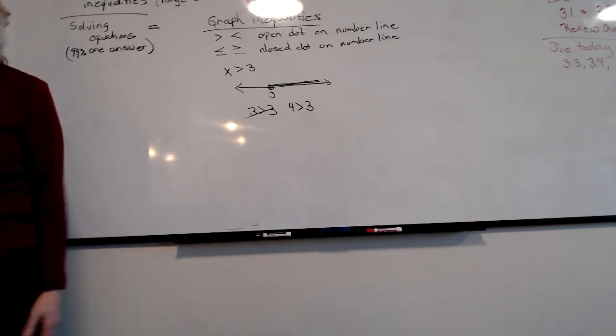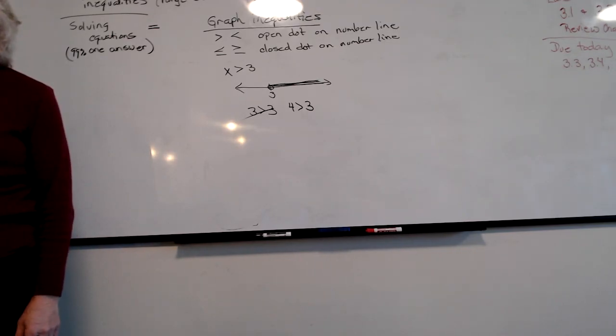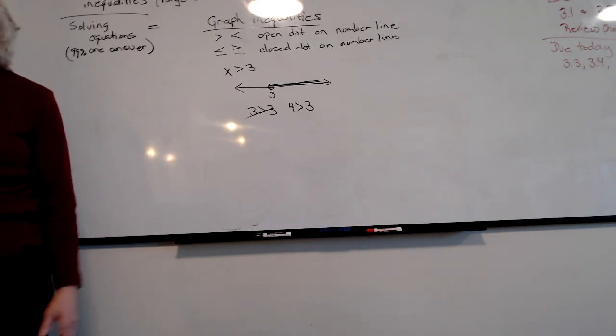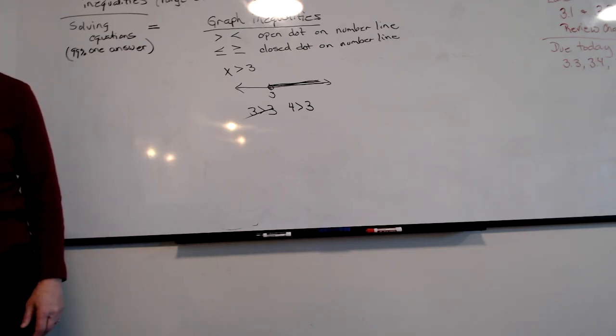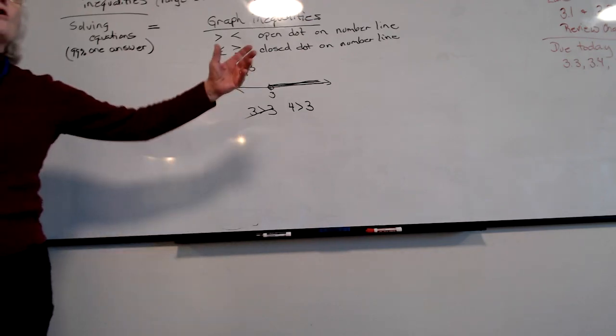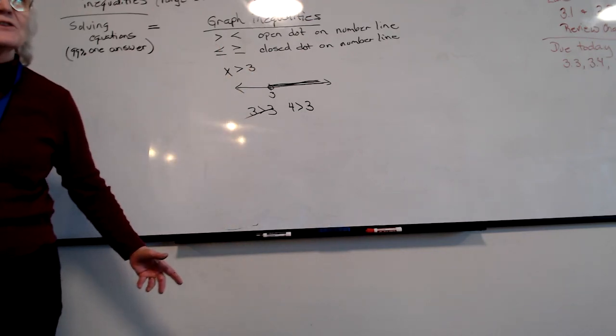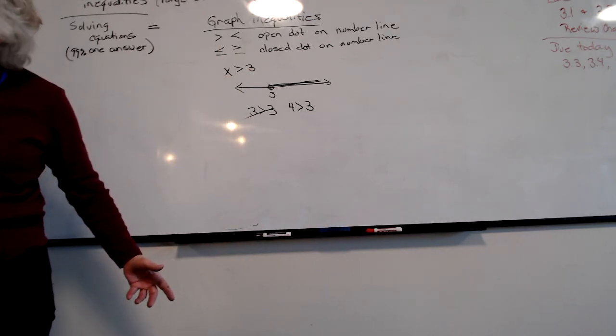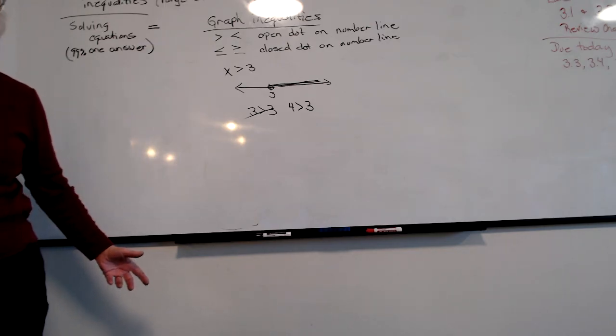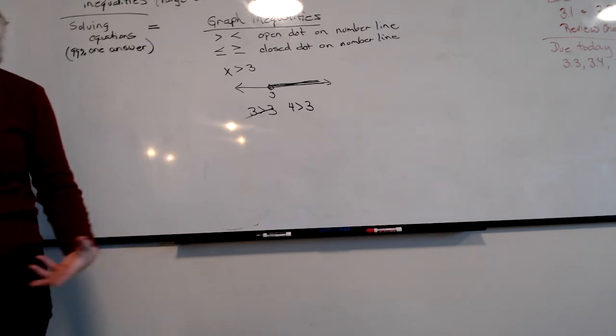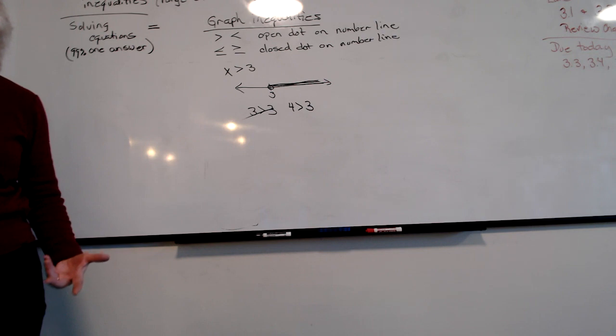It could be 4 1/2. It could be 3 1/3. It could be 3.1. It could be 3.000000001 because that's still bigger than 3. It's really close to 3, but it's bigger. So we can't actually list all the numbers because there's an infinite amount.